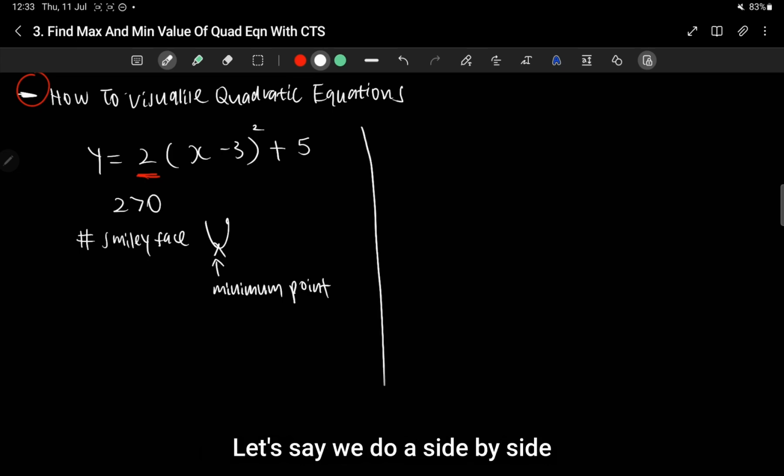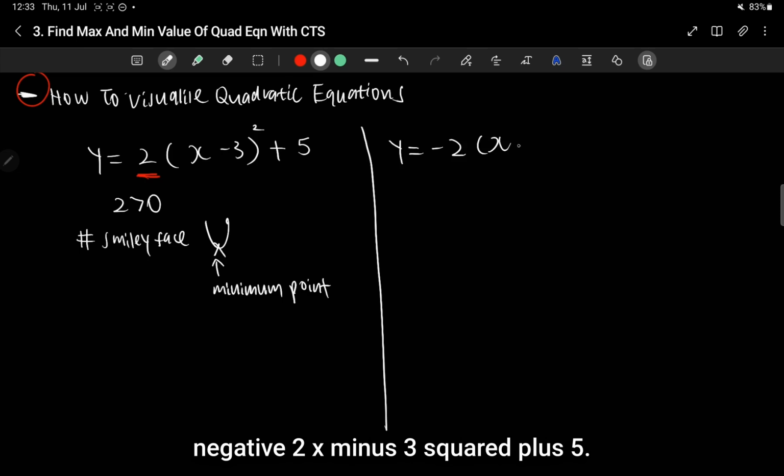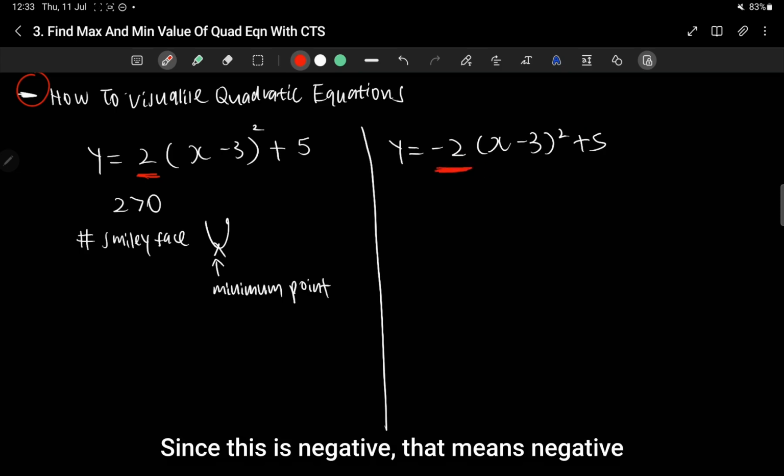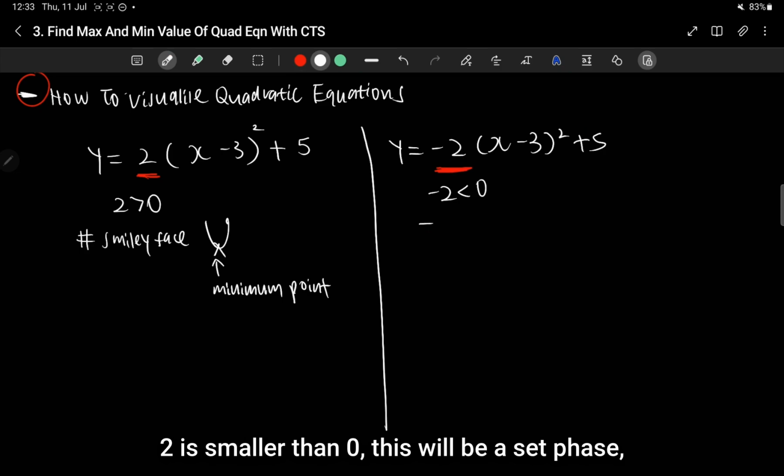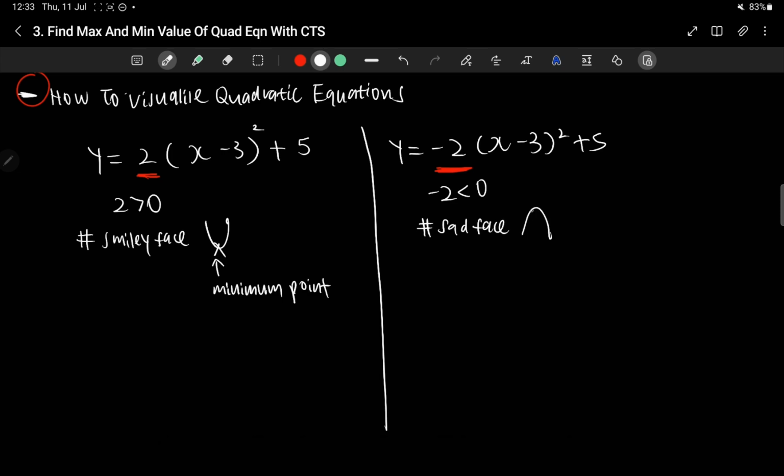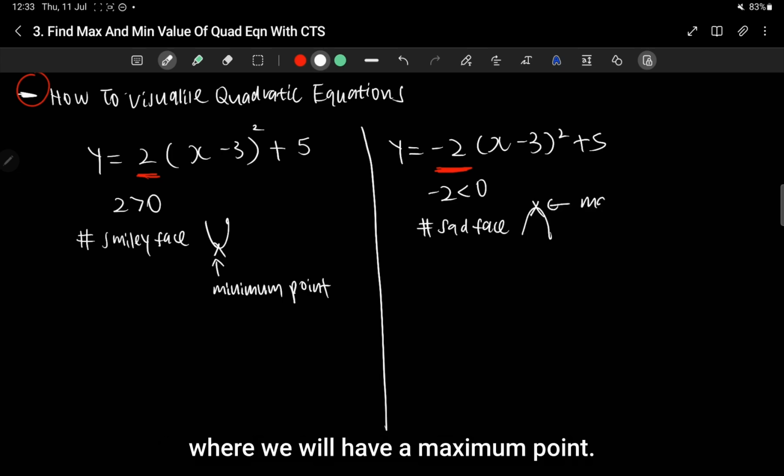Whereas, let's say we do a side-by-side comparison and we have y equals negative 2 bracket x minus 3 squared plus 5. Since this is negative, that means negative 2 is smaller than 0. This will be a sad face, where we will have a maximum point.